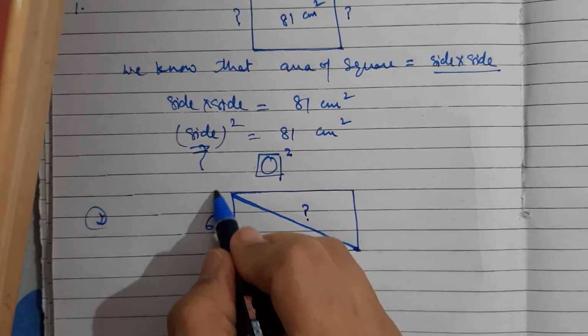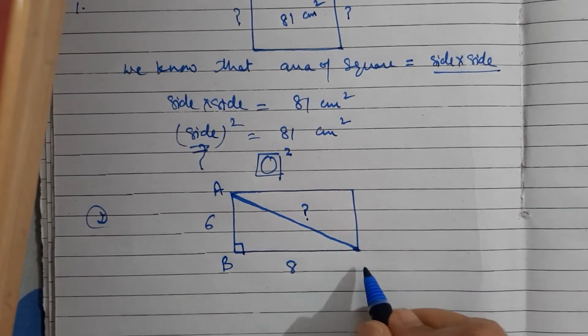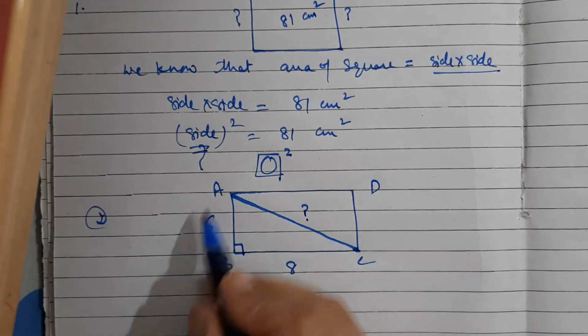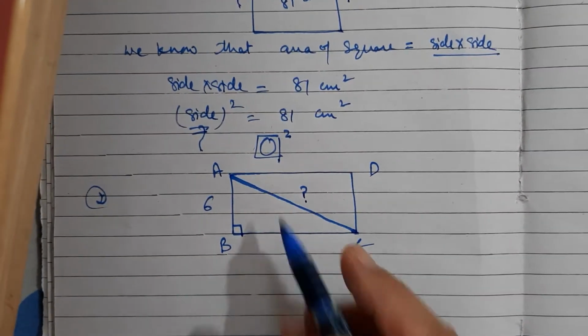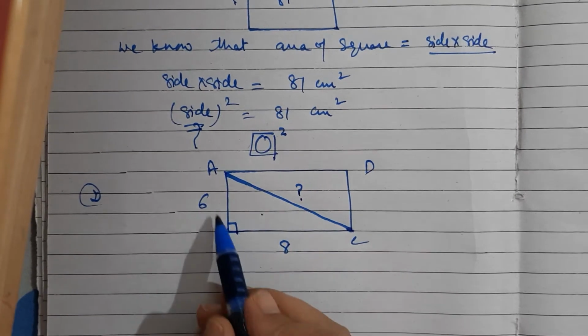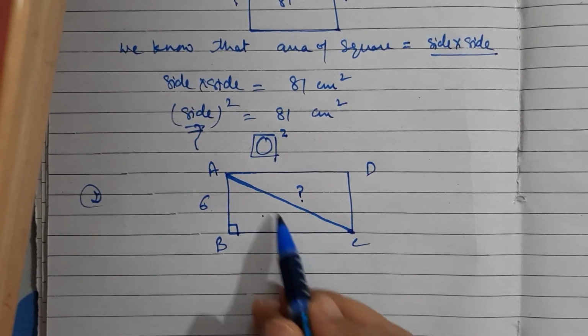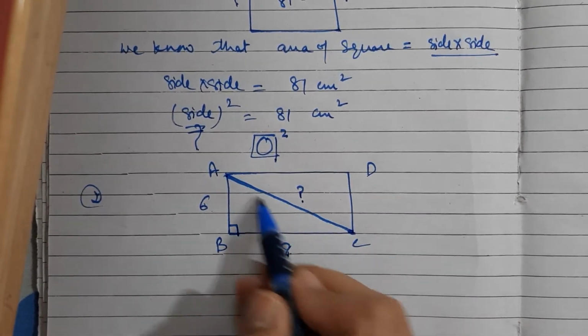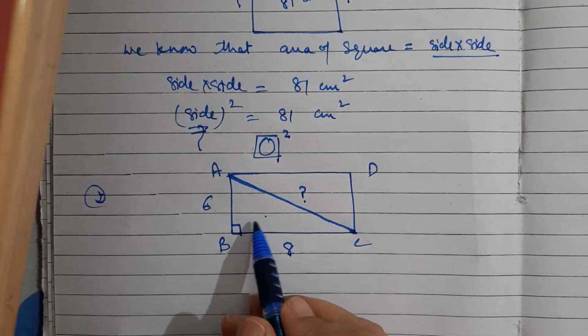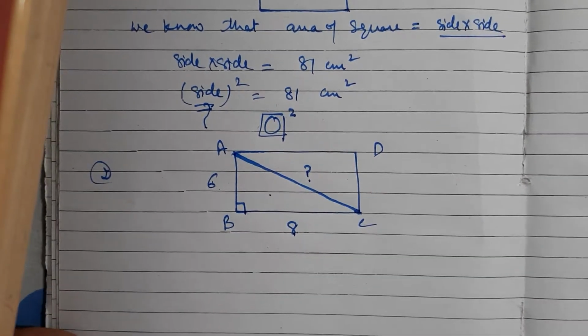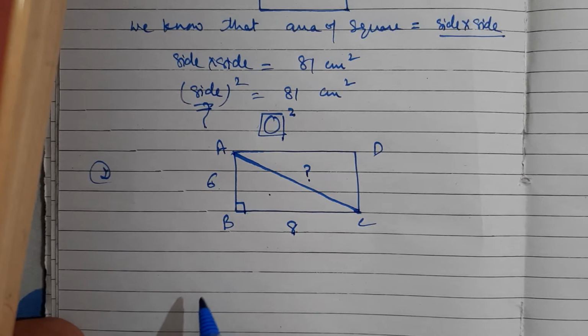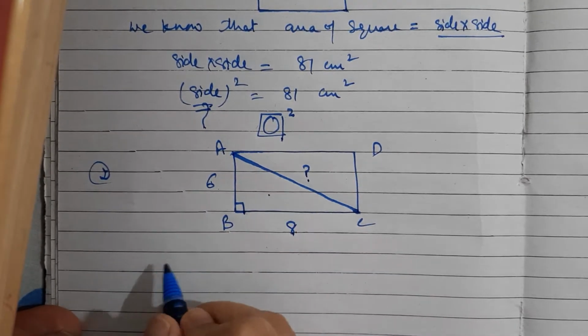So in this way, name this A, B, C, D. So this triangle is a right angle triangle where two of the sides are given and we have to find the length of the third side. This concept also we have done in our previous classes.